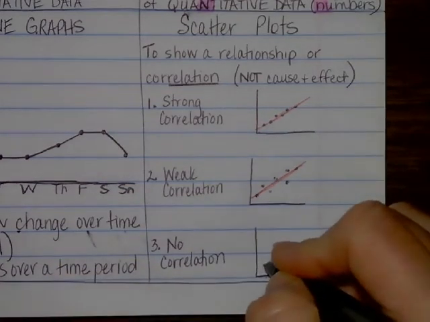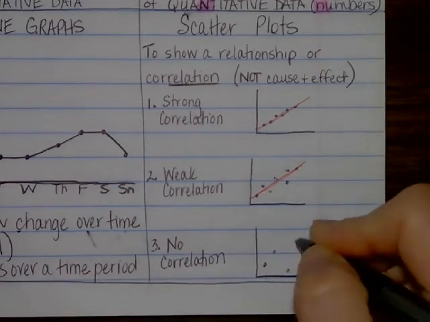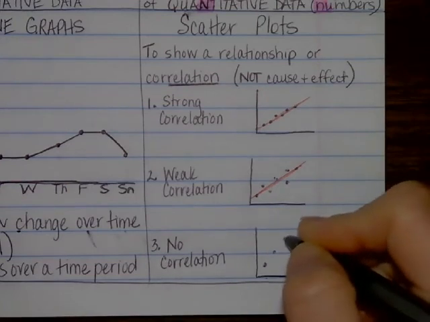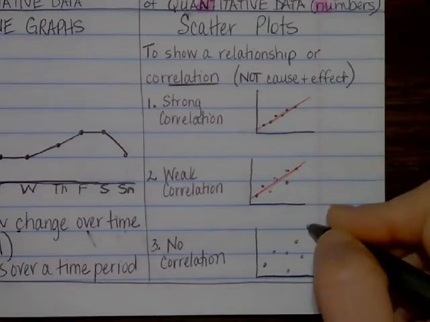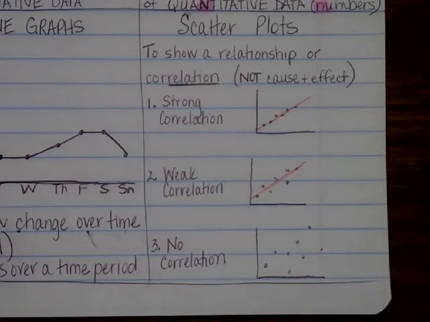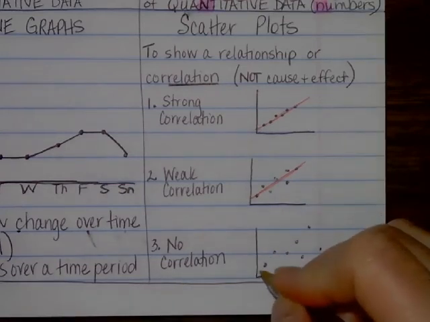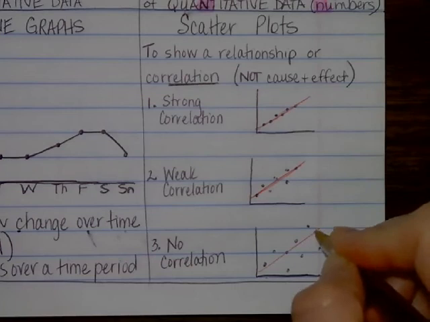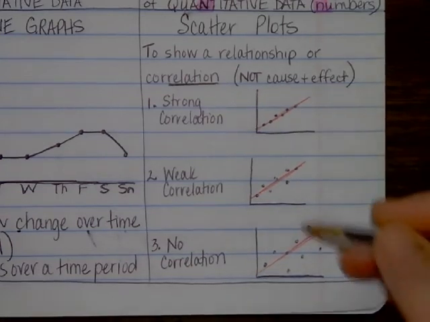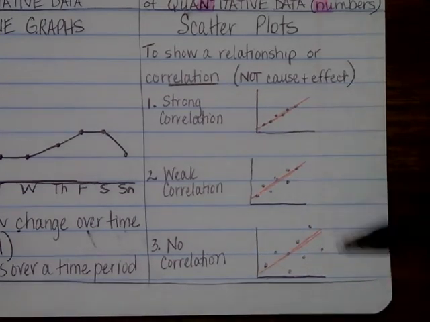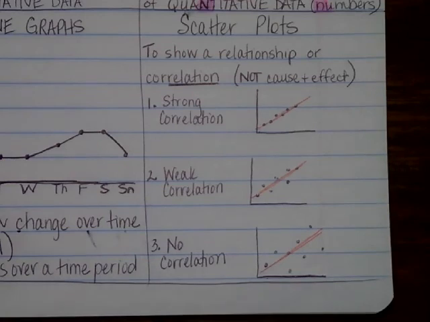And then no correlation on a scatter plot, you've just got dots scattered everywhere. There's nothing sticking to that line of best fit. You don't really have those grouped really tightly around it. You just have dots kind of scattered amongst.